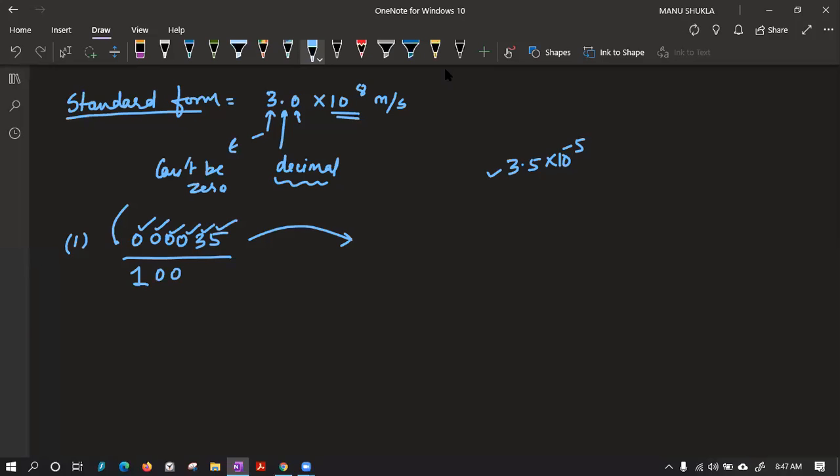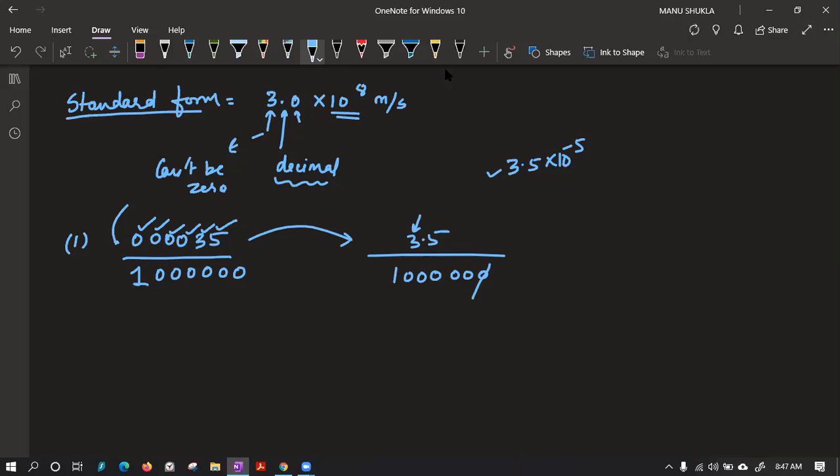So this is a number with us, 35 upon 10 to the power 6. We have learned that in standard form we need a decimal after the first digit. The first digit we are having in the number is 3. So we will cut the 1 and 0 and we will put a decimal over here.